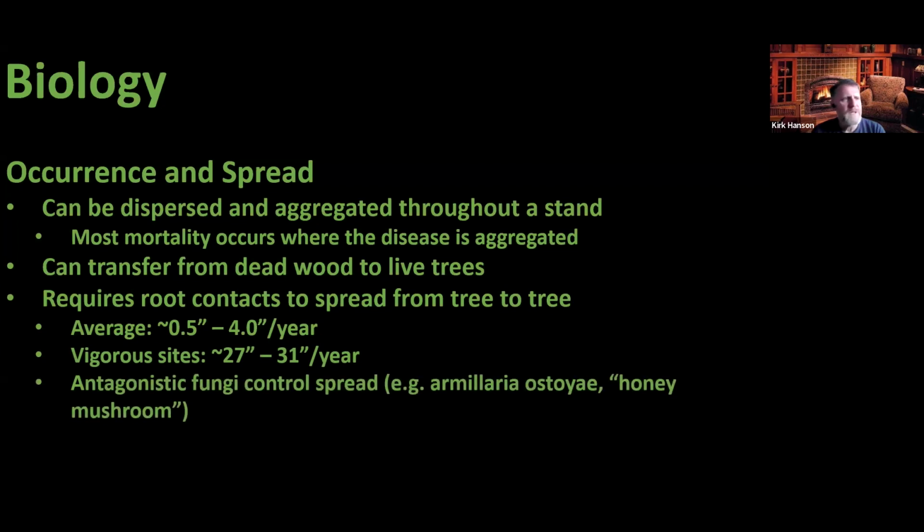Now, what's also interesting is that there are other saprophytic fungi out there, in particular Armillaria, that are much more aggressive and can serve as a control to the laminated root rot. And when a tree dies, or let's say it's cut rather, and that stump is there, it's much more likely that that stump will become infected by Armillaria than it will by laminated root rot.